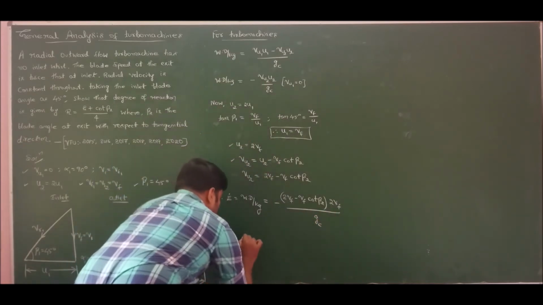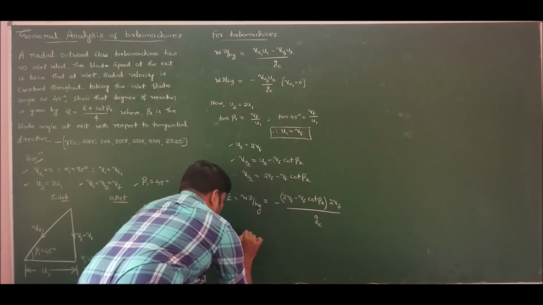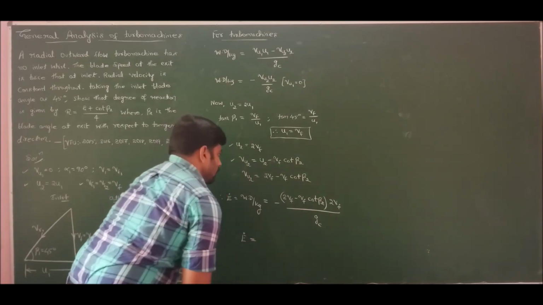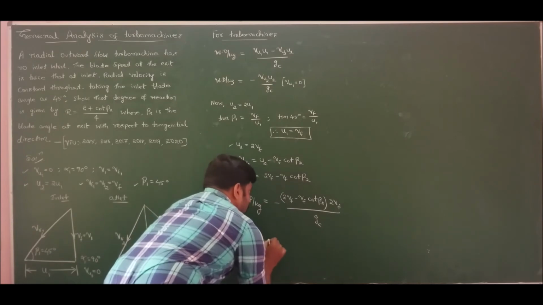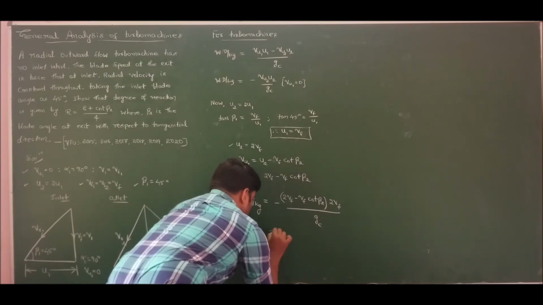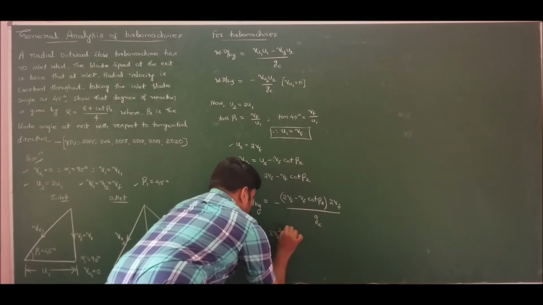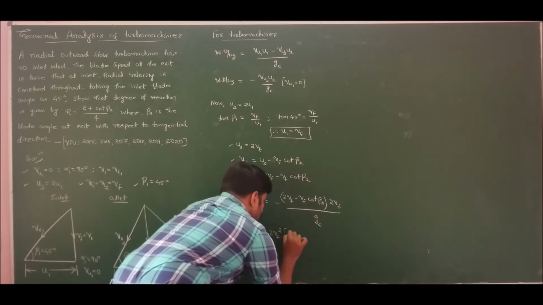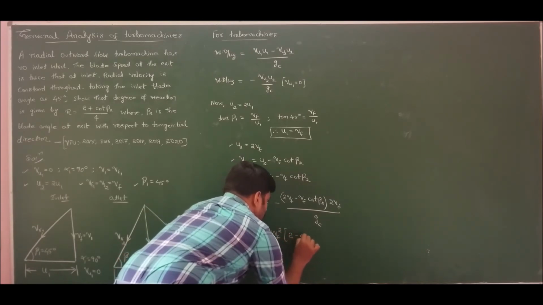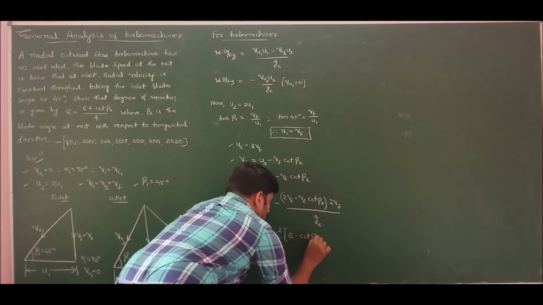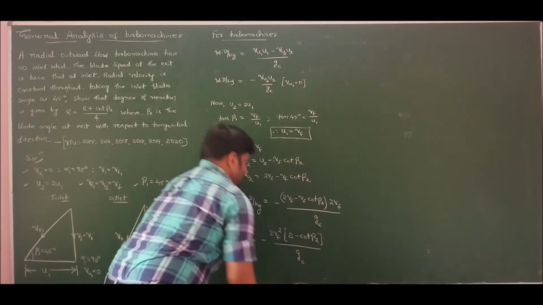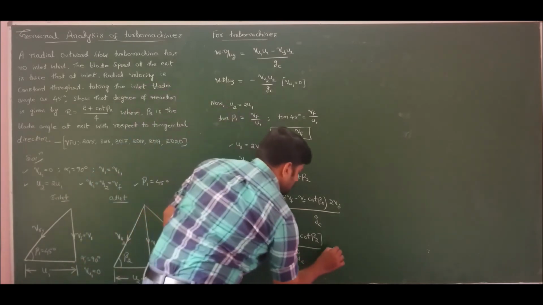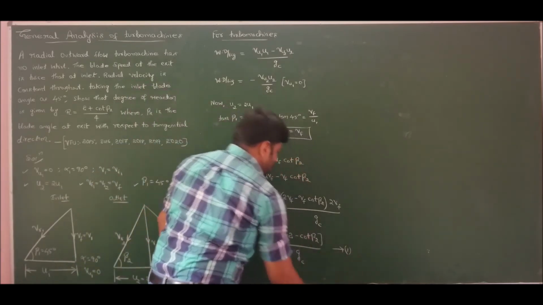Taking Vf common, I will get 2Vf square into (2 minus cot β2) by gc. Let us take this as equation number 1.